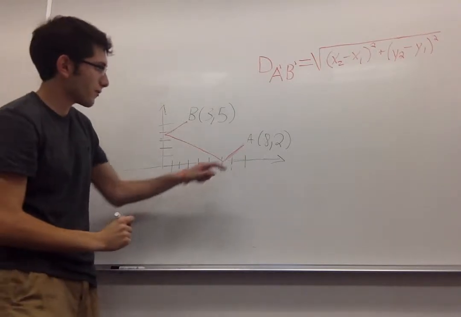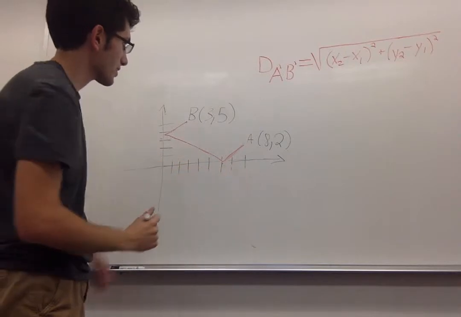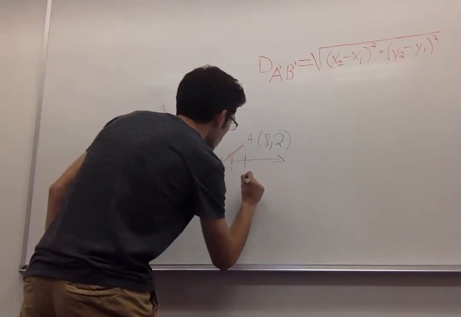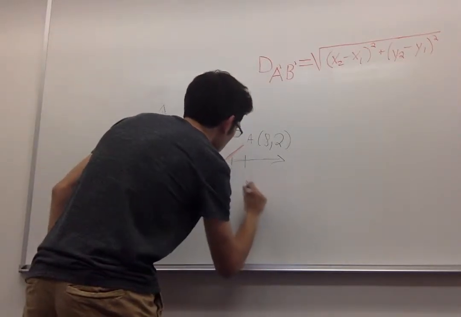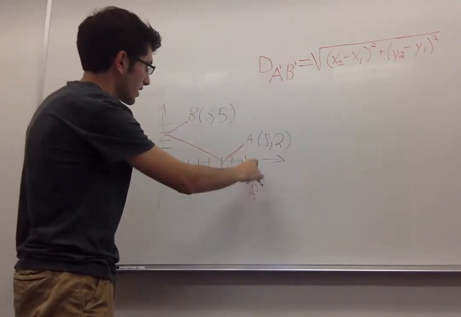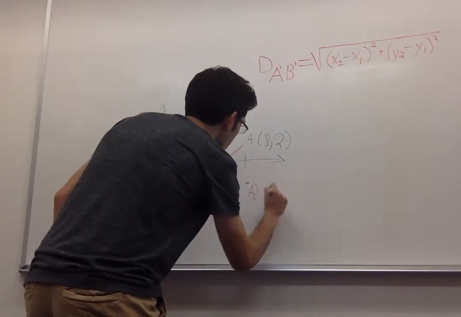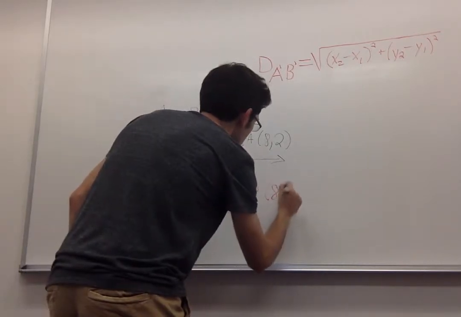So first, we're going to flip point A over the x-axis, and we're going to call this A prime. Since we flipped over the x-axis, 8 is going to stay the same, but now it's going to be -2.